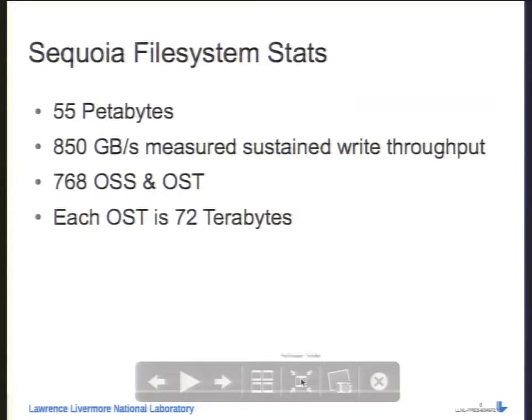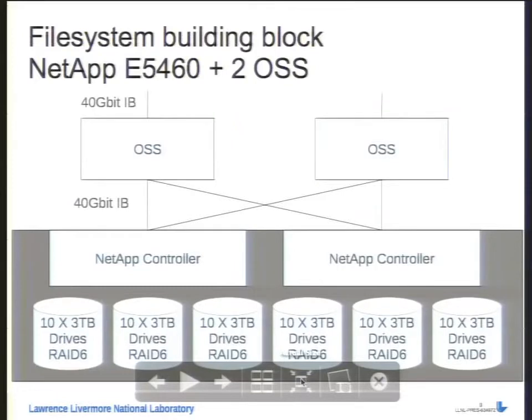The file system we built, we have only a single OST on every OSS. That's really nice for us. In the past, we used to have as many as 15 OSTs per OSS, and that gets a little difficult to administer. Each one of our OSTs is 72 terabytes in size. The basic building block for the file system server side is 2 OSS nodes that talk to a single NetApp E5460.